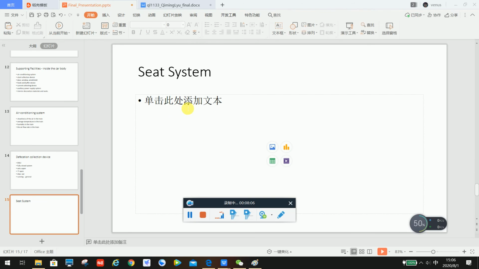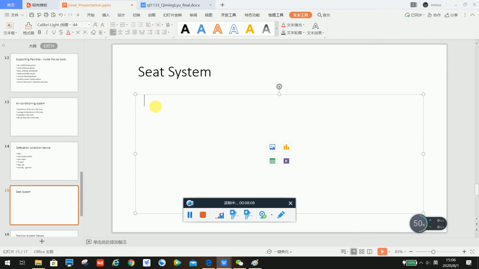So then let's talk about the seat system. The EMU passenger compartment seats are an important facility to provide the passenger with comfort. So mainly, the most important thing is comfort, right? So why is it so important?